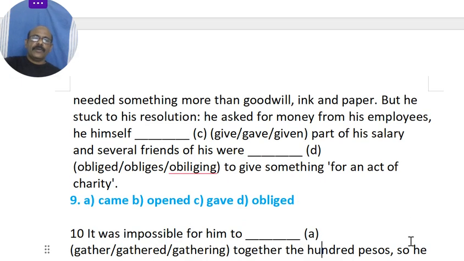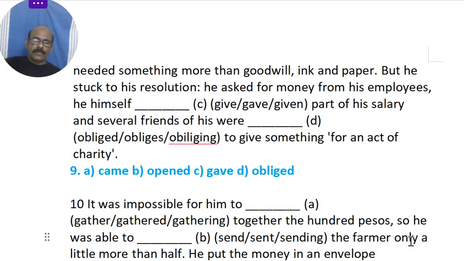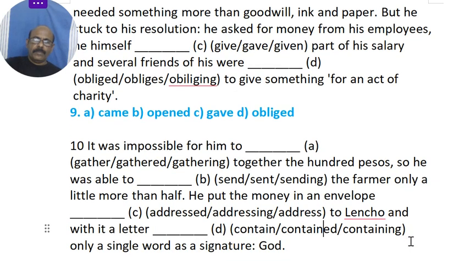Next. It was impossible for him to dash together the 100 pesos. So he was able to send the farmer only a little more than half. He put the money in an envelope addressed to Lencho and with it a letter, only a single word as signature, God. It was impossible to, we know already, to plus V1. What you got means to plus V1.